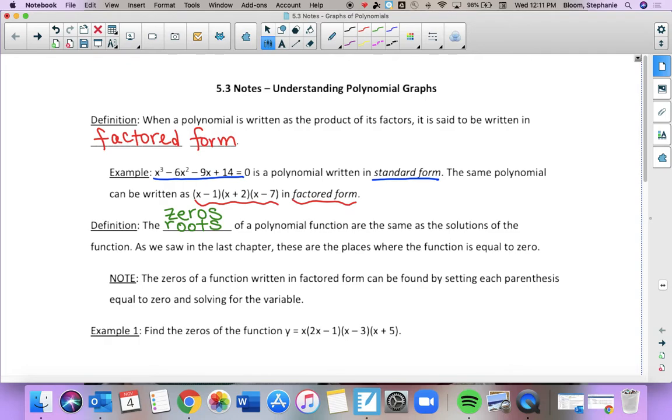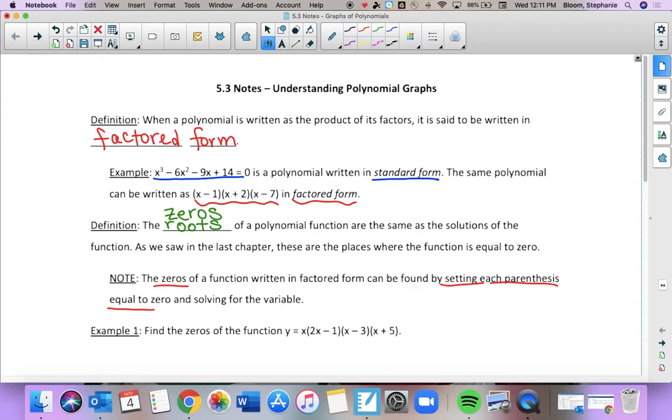Meaning, if this was my factored form up here, I could take all of those and set them equal to 0 and find out what x is, and that would represent my roots or my zeros. So I can take the zeros, and I can set each of the parentheses equal to 0.